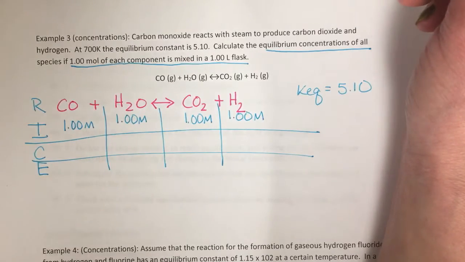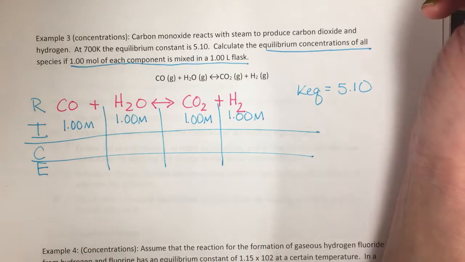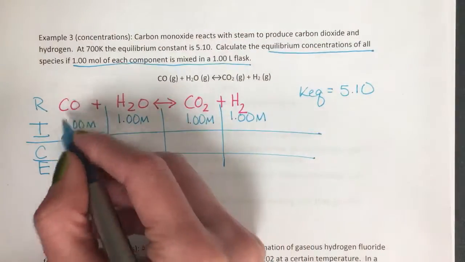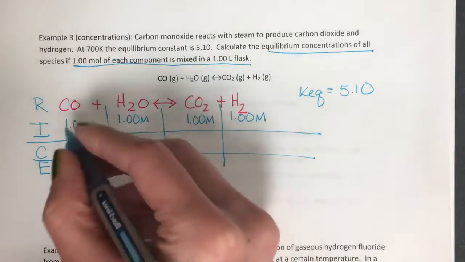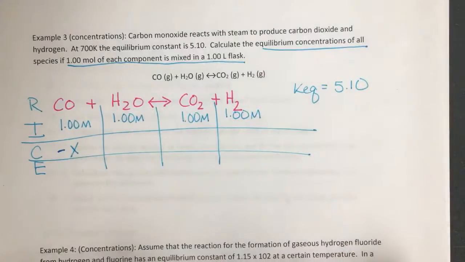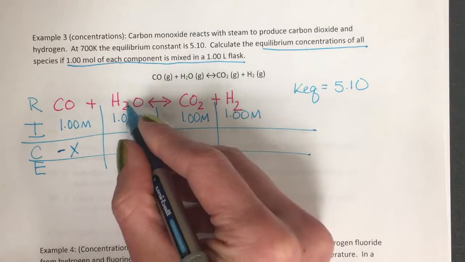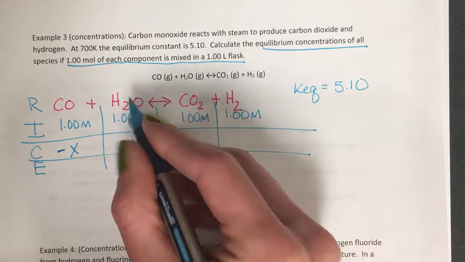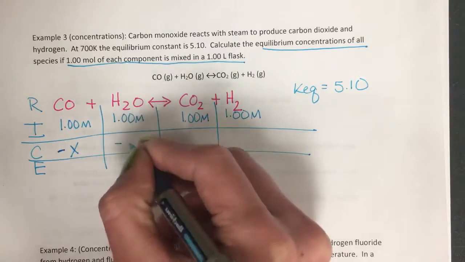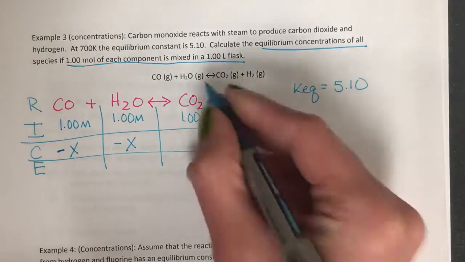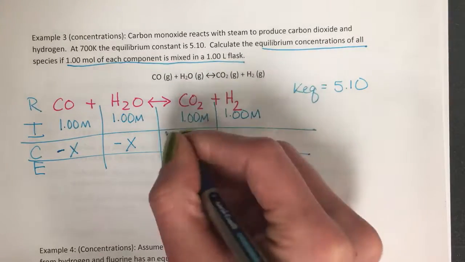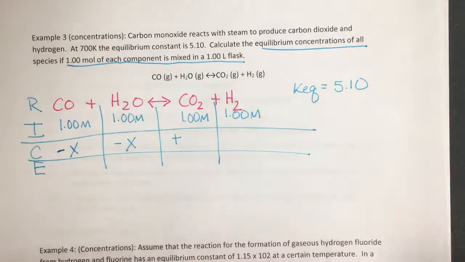My change, I don't know how much it's changing. So I'm going to say, since this is a reactant, I know it's going away, and I'm going to make it X. This one is also a reactant, so it's going to go away by some number X. This is a product. It's going to form.